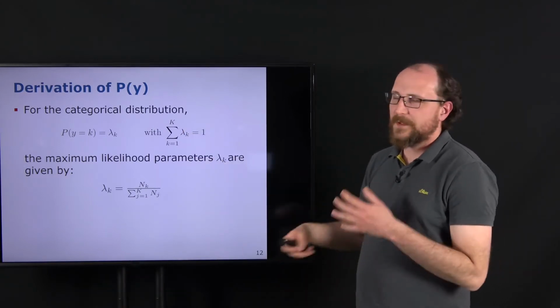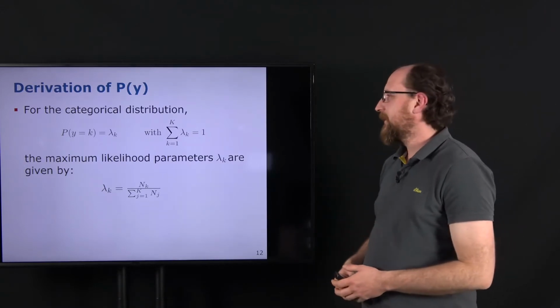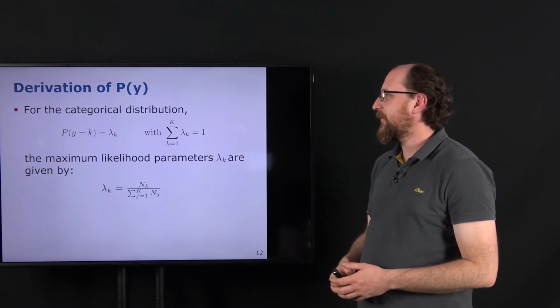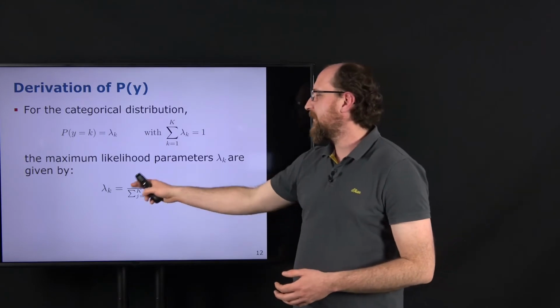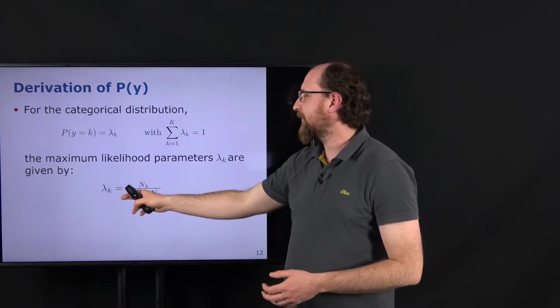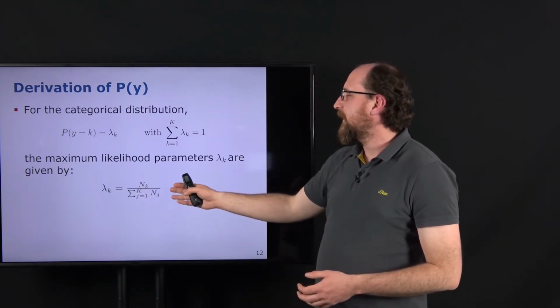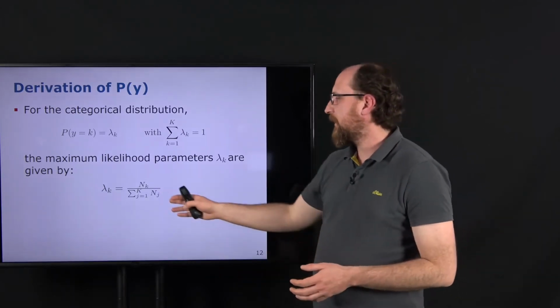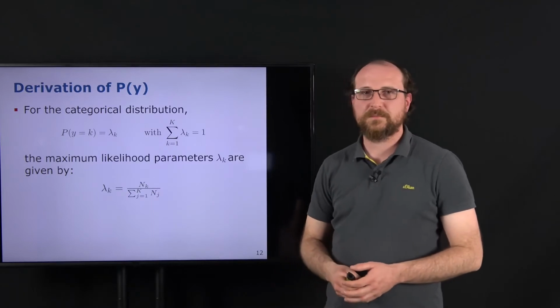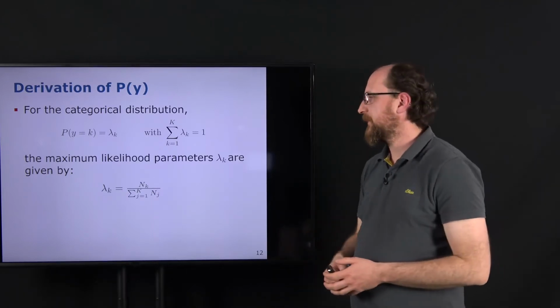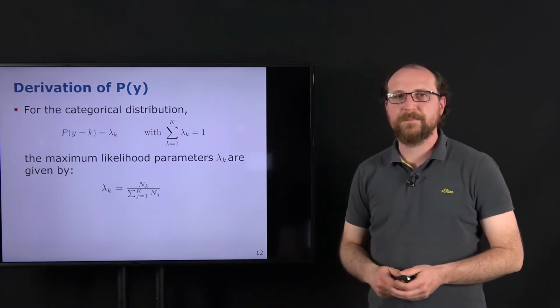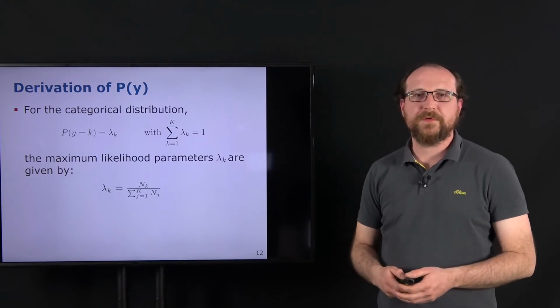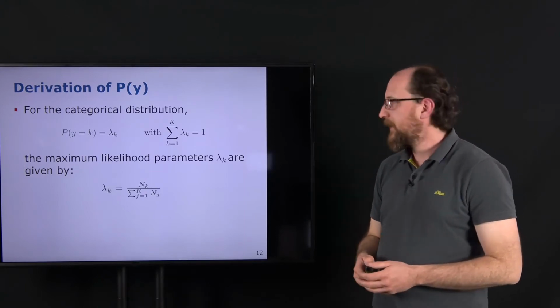And then when you do all the transformations, you come up in the end with lambda k being just the number of all examples that have this specific class divided by the number of all examples. And that also makes sense for the maximum likelihood estimate.